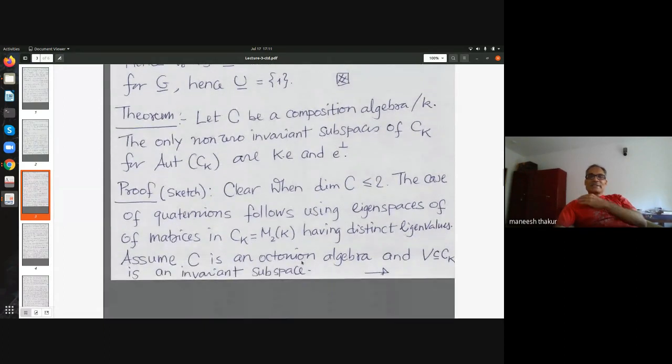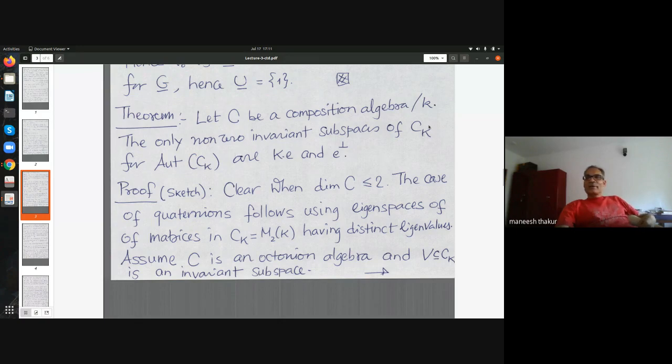And then this is another useful theorem, relevant to the lemma proved just now. We will apply the lemma to this. Suppose I take a composition algebra C over K, any of those 1, 2, 4, or 8 dimensional.